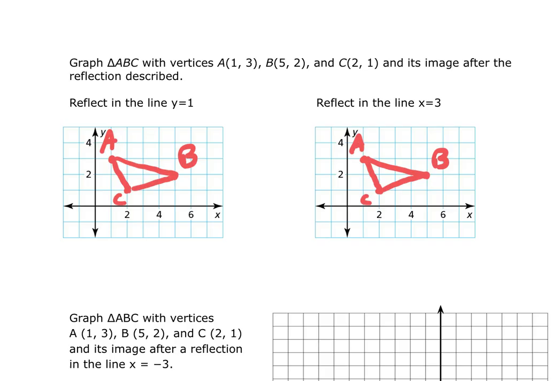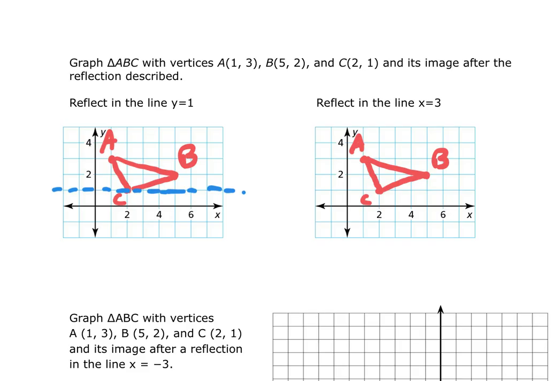Okay, so when I do this, I'm going to do it in a different color so we can see it. And I'm going to make it like a dashed line. And that line is my line of reflection. That's the line that we're reflecting this triangle over, okay? So we're going to take this whole triangle and we're reflecting it over that line.